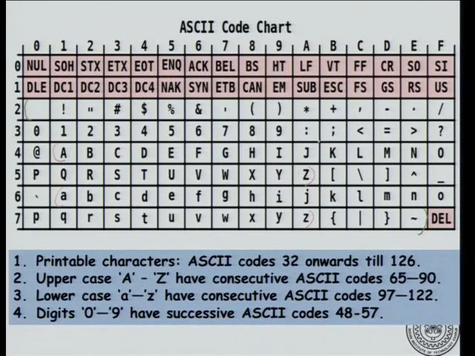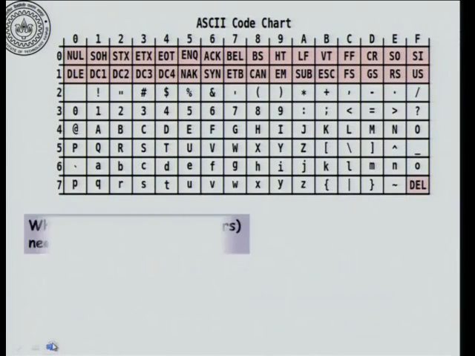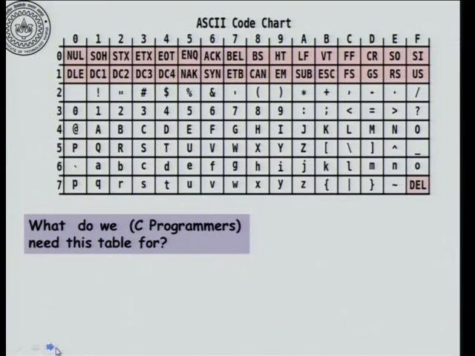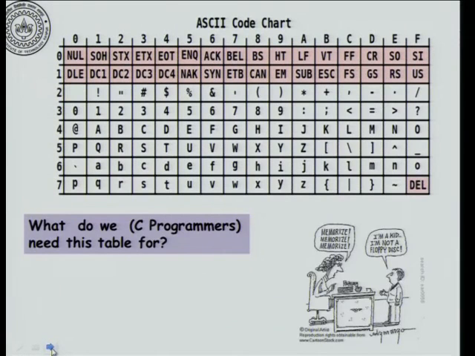So why do we need this information? This is how the characters are stored in the computer, and do we really need to know it? The point is not that you have to memorize this table. You don't need to memorize the table, but you need to remember certain abstract properties of the table.